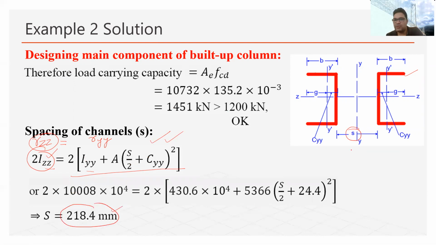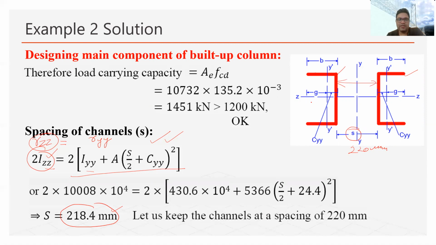So this S value is 218, so taking this value as 220. So now we have decided this channel section, and we have found what should be the distance between them. Now the next point we are supposed to find out is the batten system design. So that we will do in the next part. Thank you.